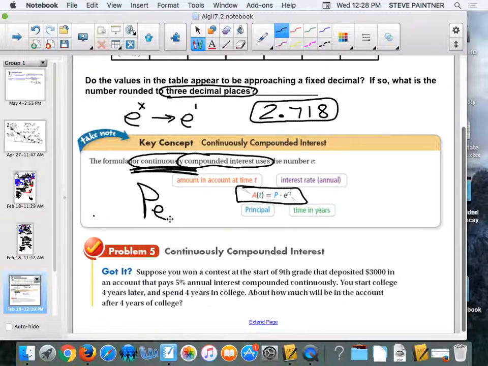A lot of people just say the PERT formula. PERT, P times E raised to the RT power. Use this formula when you hear continuous growth.